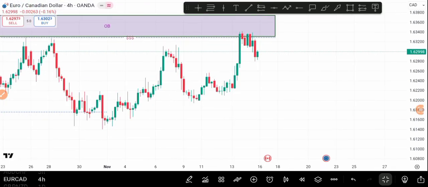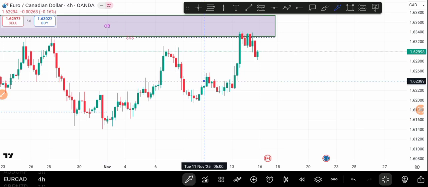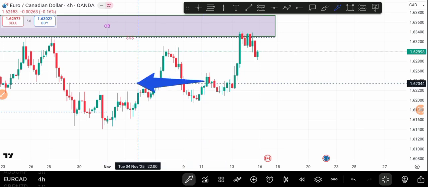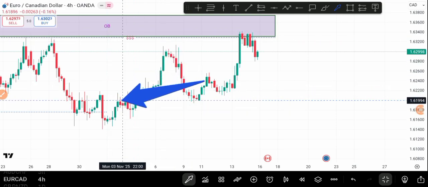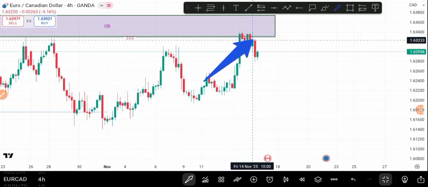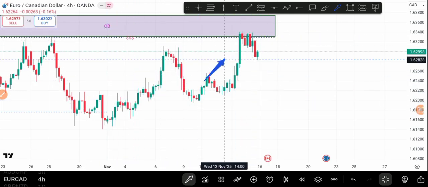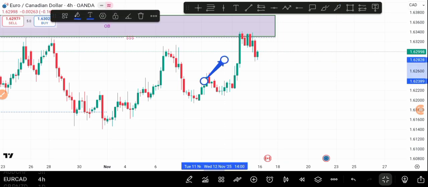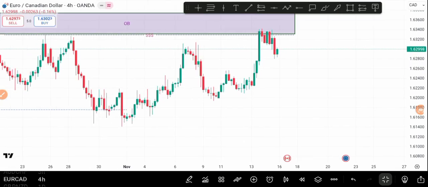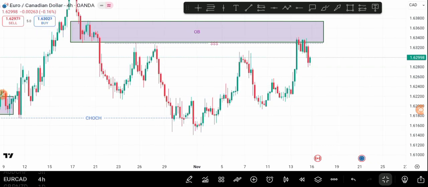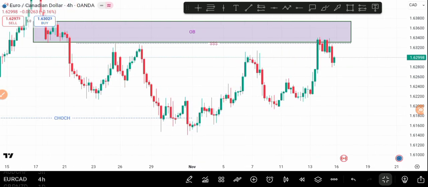Now look at this. I want us to check this trend from this point to the upside. Okay, let me remove this. Now after the price changed character here, it started going up.